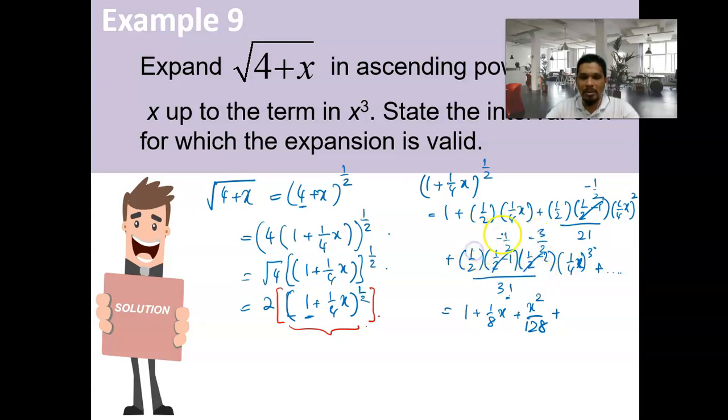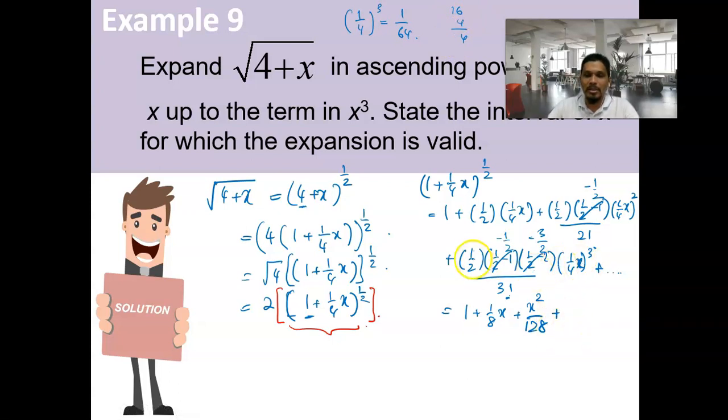Plus with, this is negative 1 over 2 and this is negative 3 over 2. So 1 over 2 multiplied with negative 1 over 2 multiplied with negative 3 over 2 and multiplied with the value of 1 over 4 to the power of 3. 1 over 4 squared is 16, 16 times 4 is 64, yes.